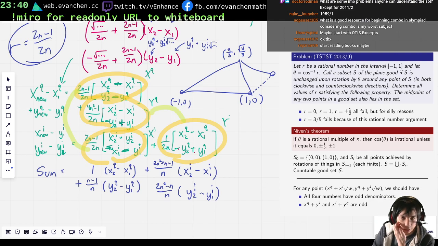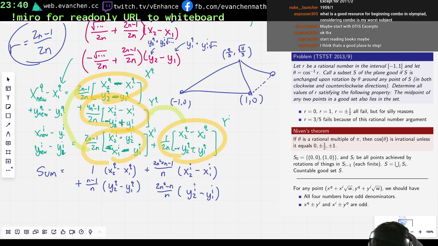Anyways, these signs don't matter. As long as they're odd, we're okay, because we know that the numbers have odd denominators. But then they don't add up correctly.